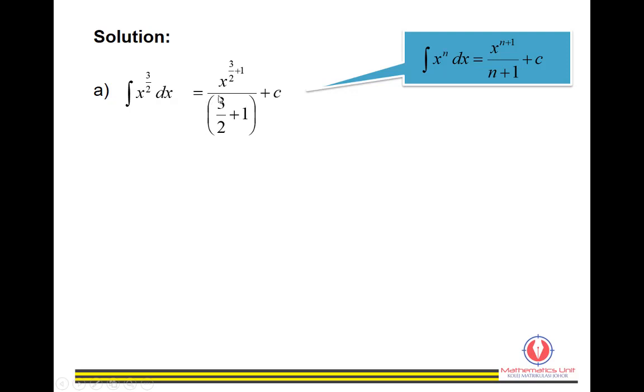By applying the power rule, the integral of x to the power of 3 over 2 is equal to x to the power of 3 over 2 plus 1 over 3 over 2 plus 1 plus c. And then we simplify the function. We get 2 over 5 x to the power of 5 over 2 plus c.